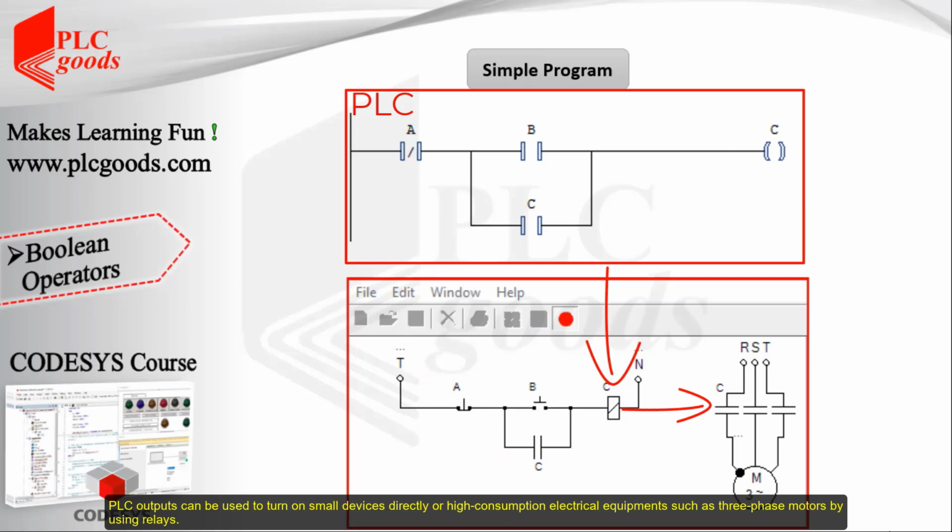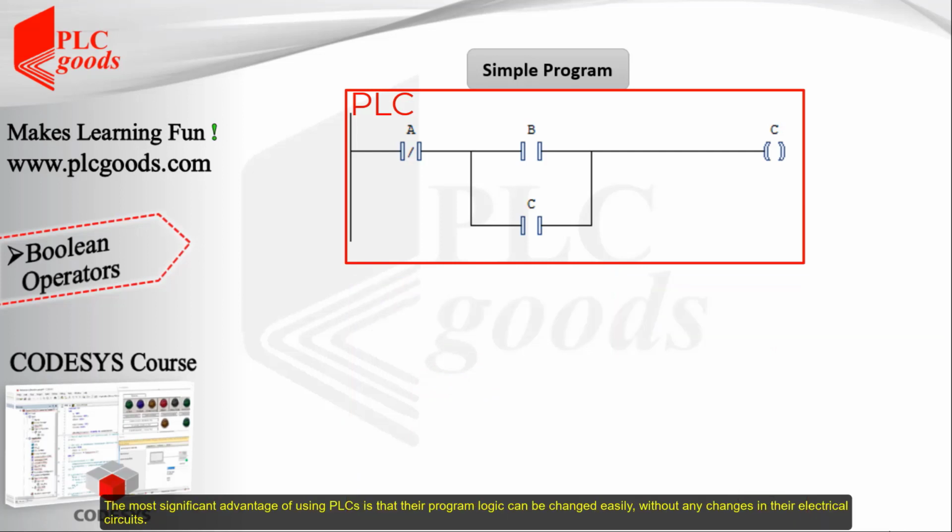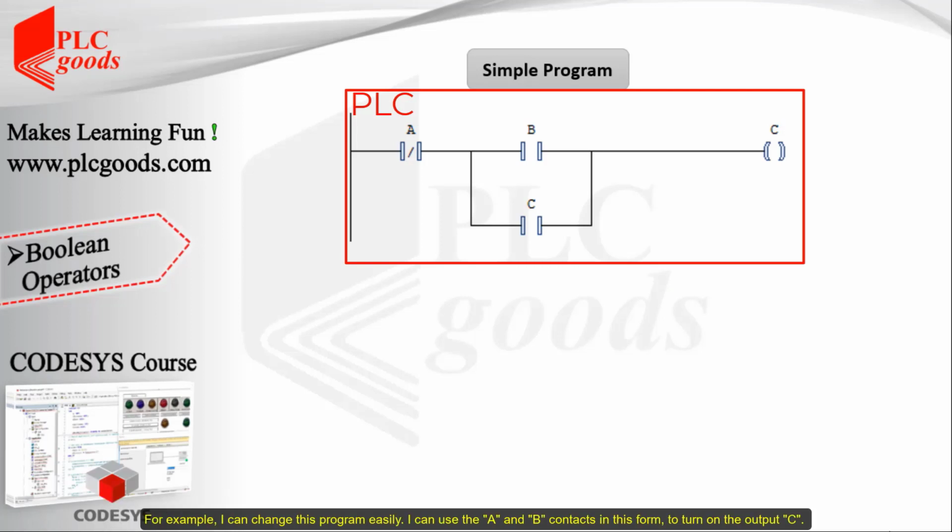The most significant advantage of using PLCs is that their program logic can be changed easily without any changes in their electrical circuits. For example, I can change this program easily.